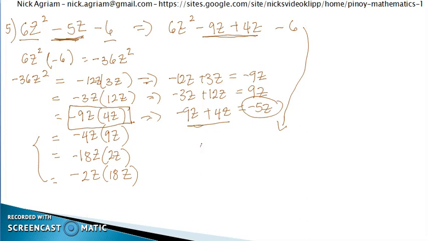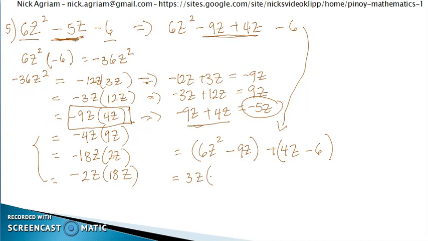English is not my best subject, maybe. 6 zeta squared minus 9 zeta squared. We will put them in parentheses, group them. And then we have 4 zeta minus 6. We will group them also. And then we will take the common factor between 6 and 9, that is 3, and between zeta squared and zeta, that is zeta.